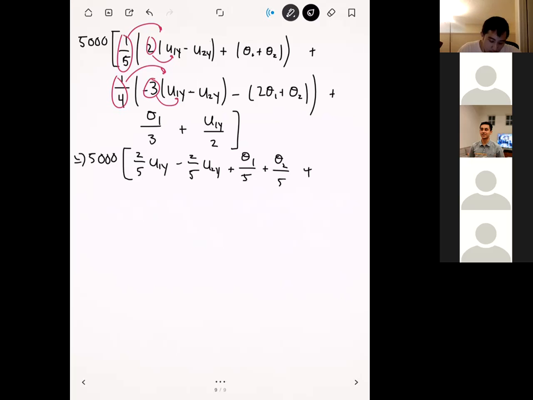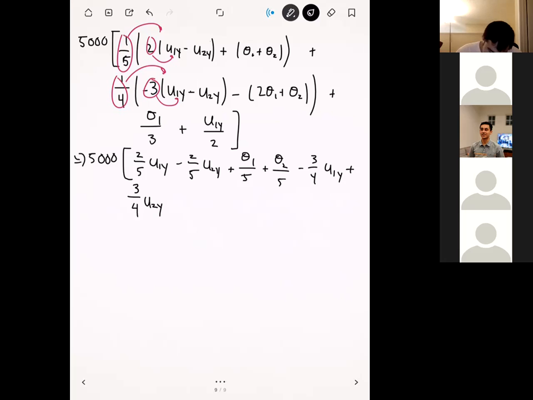Then we're going to have everything on this one. Next we're going to have a minus 3 over 4 u1y, plus 3 over 4 u2y.